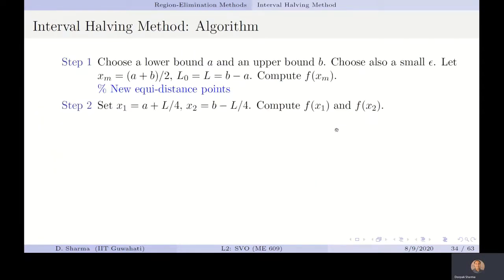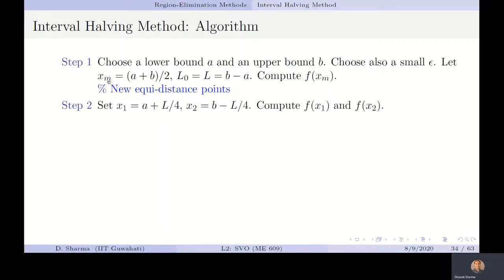Using this, we will go through the very first method called the interval halving method. You can make it out from the title that halving means we are going to make a half. In step one, we are given the lower and the upper bound by the bounding phase method as a and b, and we choose some value of epsilon which is quite small.